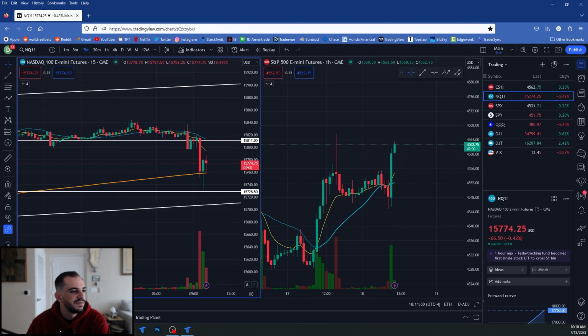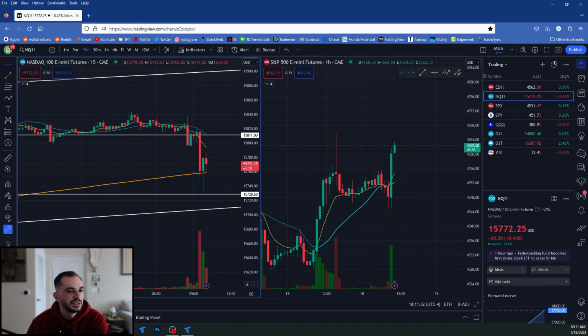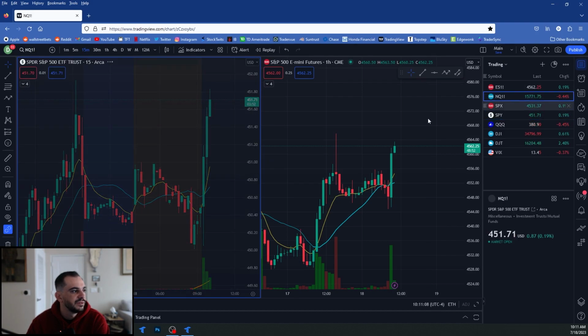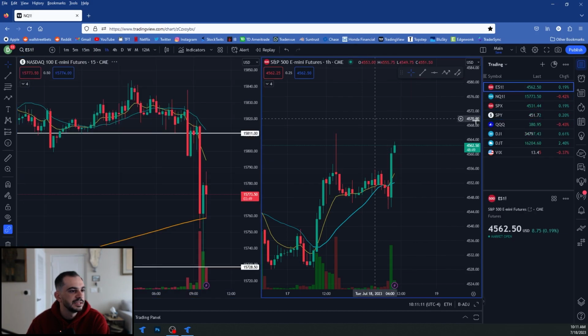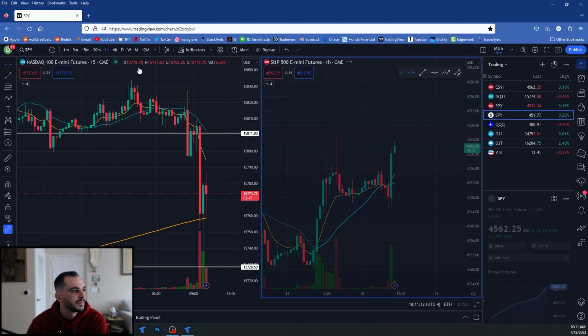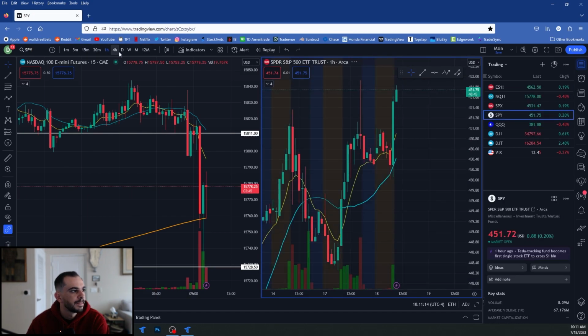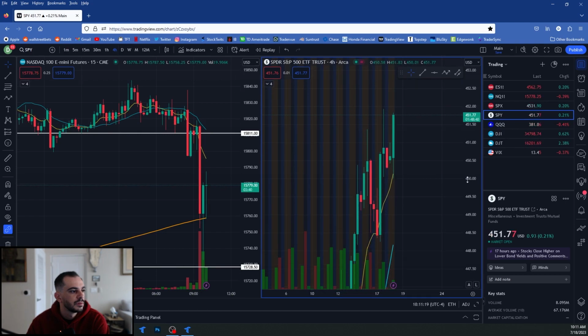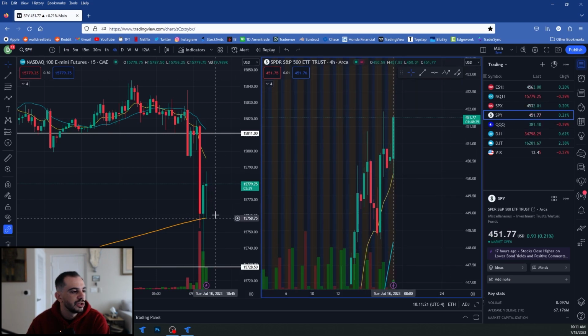If we get this 15-minute candle close, we're getting near the highs here. Let's take a look at SPY. If we close, we showed our strength, made a wick high, call it 1, 2, 3 short, break up.